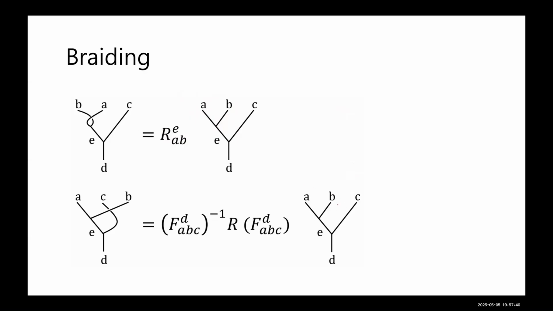The first thing, we cannot make a braiding directly from these two different fusion locations. So we have to change their fusion location first. That is the role of this F matrix. And second, now we can braid them because they are in the same location now, like this.